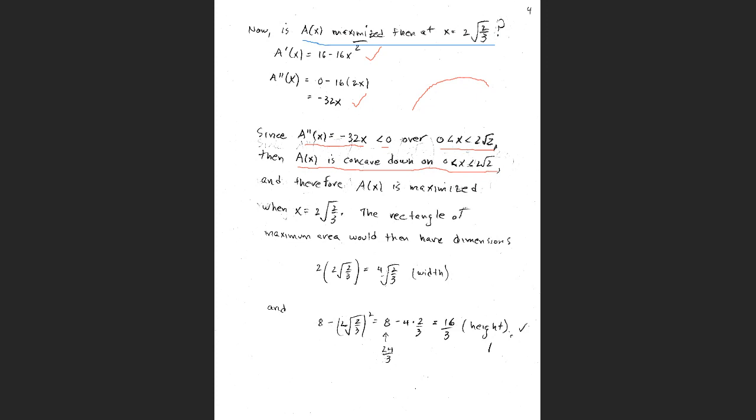Class, there's an error here. Thank you, Kelvin, good catch. It won't change what I'm doing, but this 16 should be a 6. So we're going to get negative 12x.